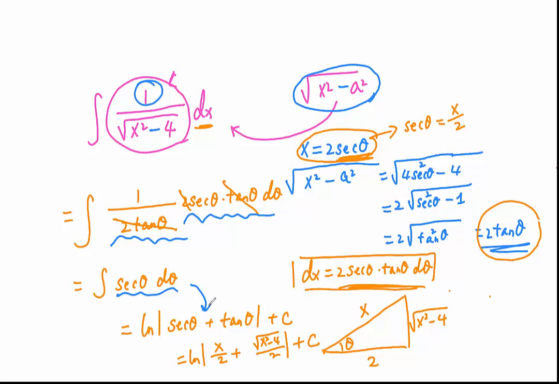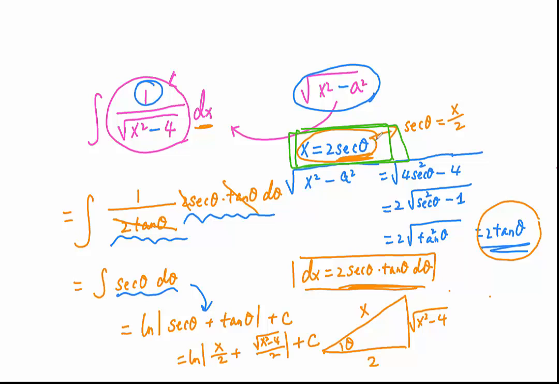But then x over 2, how did you get x over 2? You have to look back at our setup right here, you see in green. Our setup is x equals 2 secant theta.